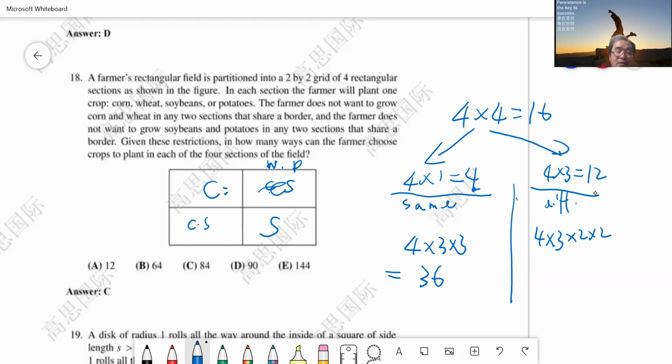Basically, no matter what you choose, once this is different from this, there are going to be two options here, two options here. So that's why we have 4 times 3 times 2 times 2. We'll find this actually equals 48. So in total, you add it together, 36 plus 48, the answer is 84.